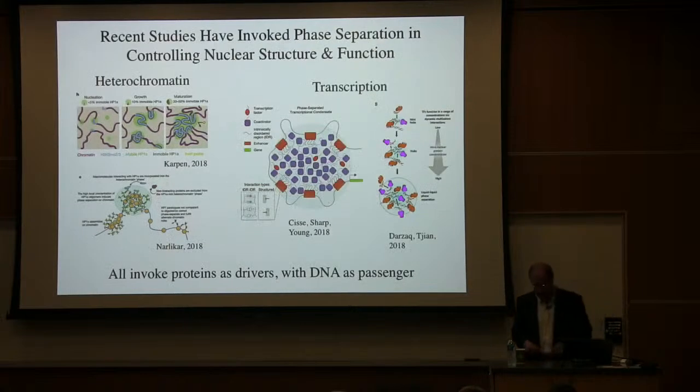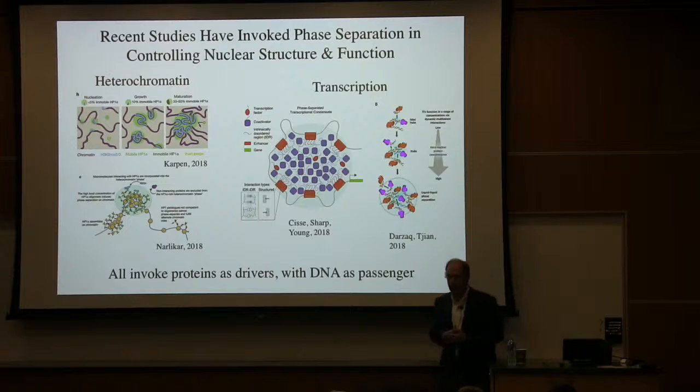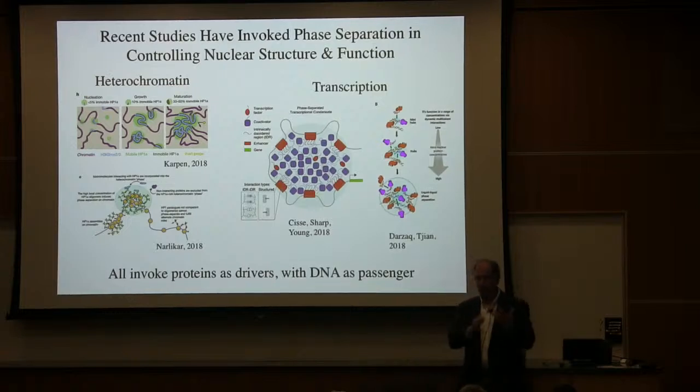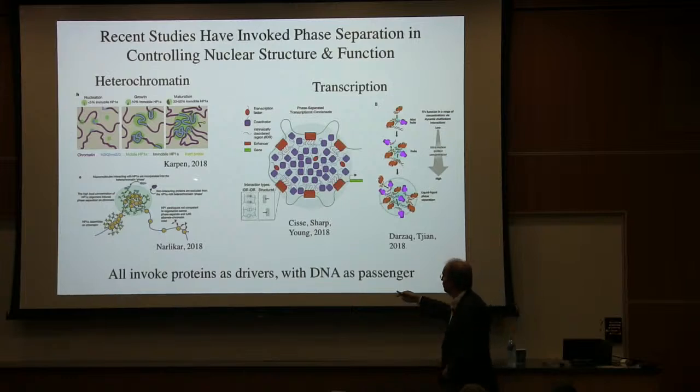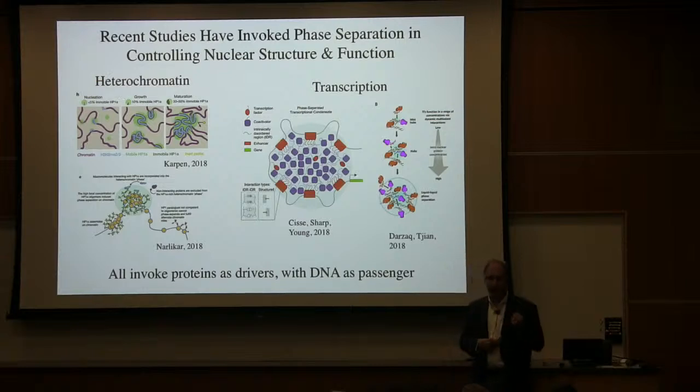Now, there have been a variety of recent studies that have invoked liquid-liquid phase separation as a mode of organizing chromatin. The earliest ones came from Gary Karpin and Gita Narlikar, where they showed that the critical heterochromatin protein HP1 alpha was able to undergo liquid-liquid phase separation and recruit in DNA.